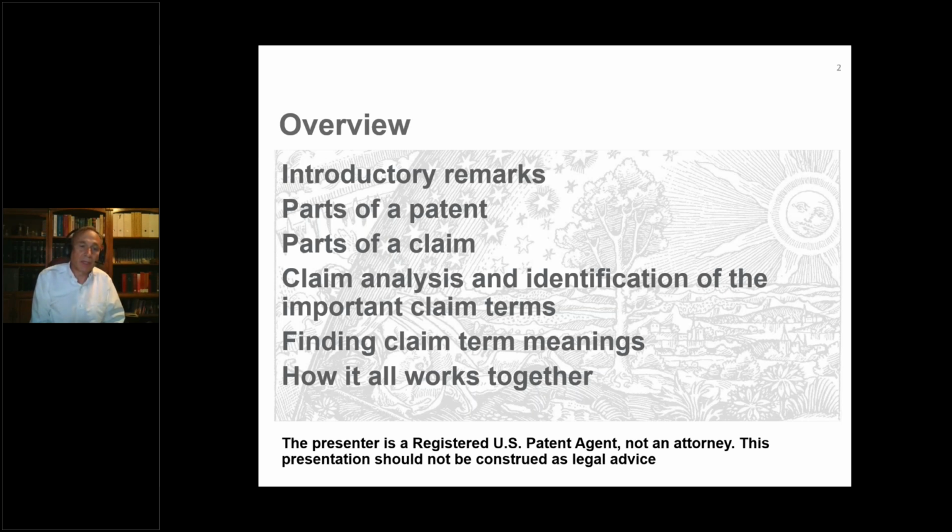We talked a little bit about that last week, and then claim analysis and identification of the important claim terms, and then finding the claim term meanings, and then we'll put it all together and see what we come up with. I want to emphasize that I'm not an attorney, so this presentation does not contain anything that should be construed as legal advice.